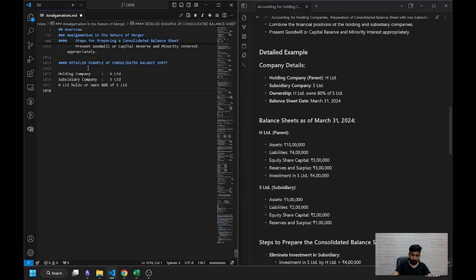That means the 50% clause of ownership is satisfied, proving that H Limited is the holding company.